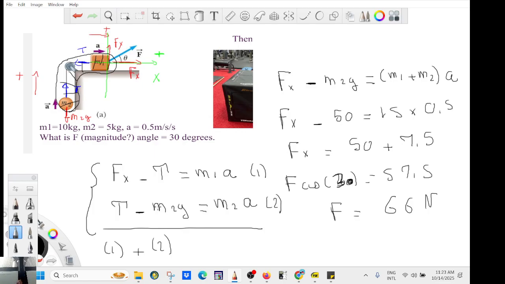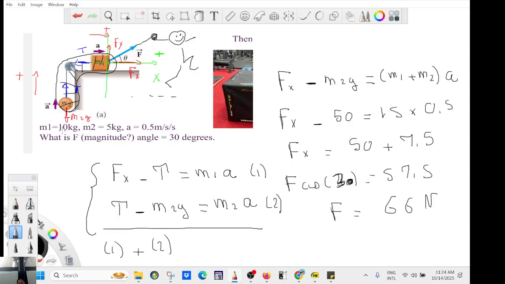You have to do g minus a for m2 that's descending. So now this one is going up because someone is pulling the string. It's pulling, so it's moving in this direction.